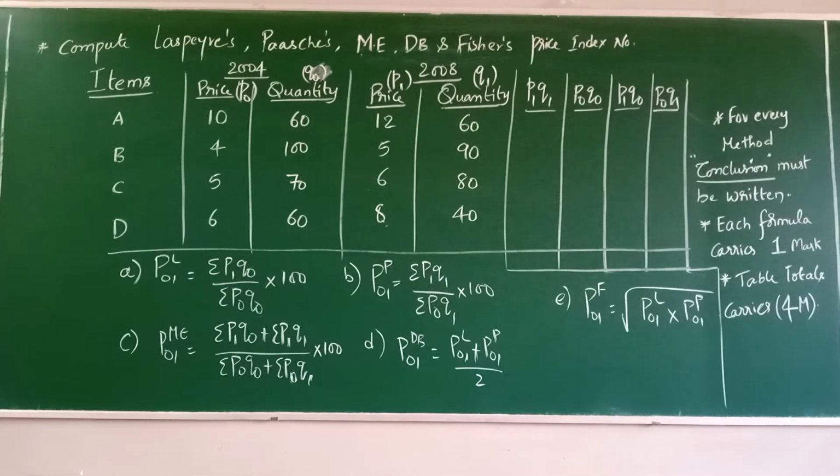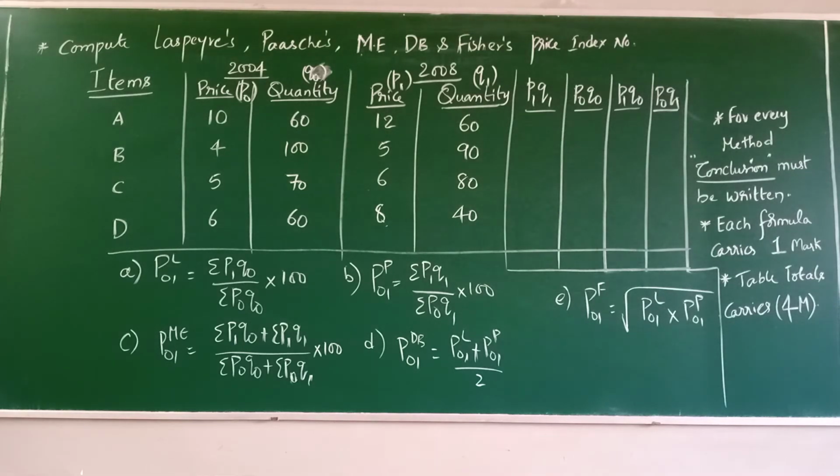As you all know, we express in terms of percentages, that's why every method has to be multiplied by 100, remember. So Laspeyres method: summation P1 Q0 by summation P0 Q0 into 100. Here look at the numerator and denominator, both have Q0.